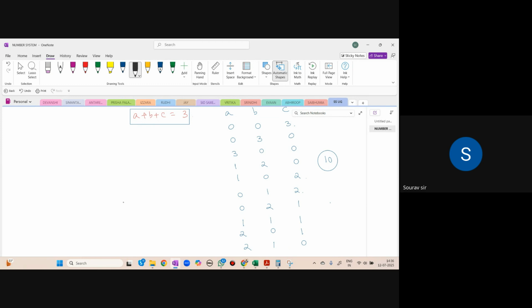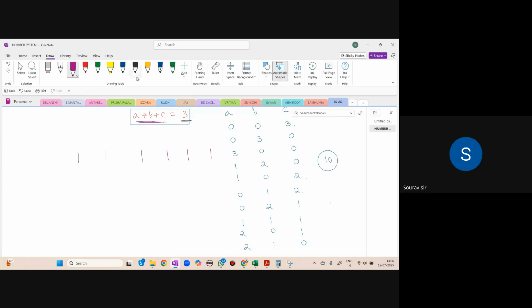To find a formula, think of this 3 as 3 ones. Now, I have 3 places to fill, and each place can have a 0 also. So I will insert 3 dummy ones. 1, 1, 1. These are dummies.